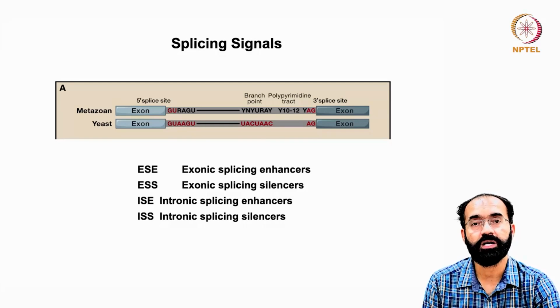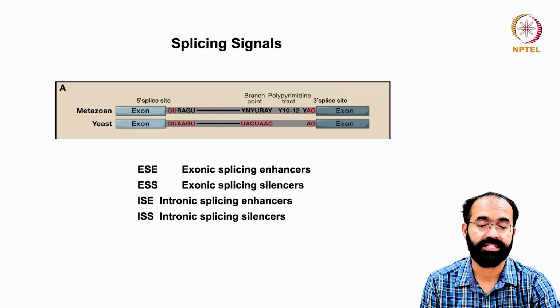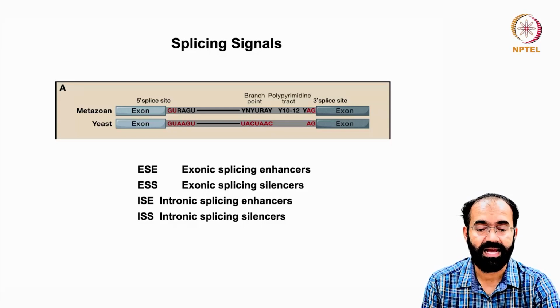So from this, what do you understand from these four categories? The name itself indicates exonic splicing enhancers.